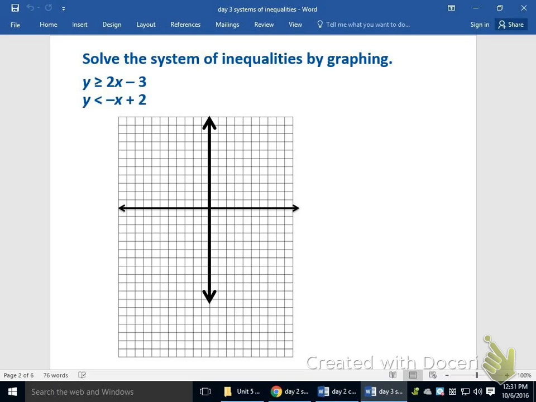The first thing to do when you're solving a system of inequalities is to graph each inequality, and in doing that we're going to graph their boundaries, which is the line, in this case, 2x minus 3. So for that one, I'm going to go to negative 3, the y-intercept, and then I'll rise 2, run 1, since that's my slope, and get some points out through here.